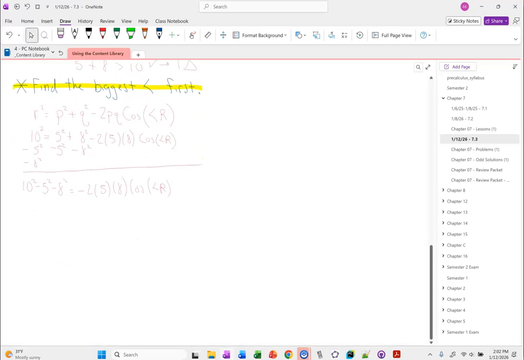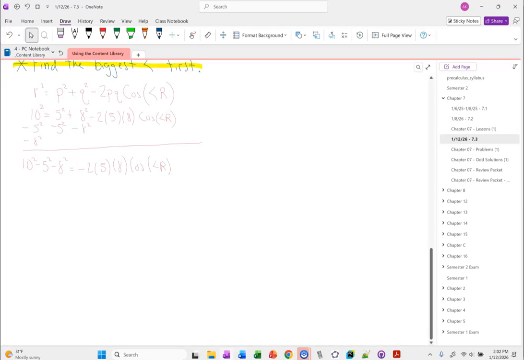Now I'm going to divide by negative 2 times 5 times 8. The second most common mistake students make, if they get through that first step, is they drop the negative sign here.